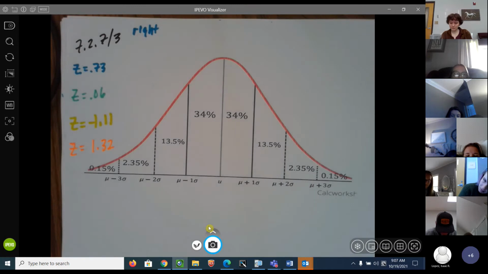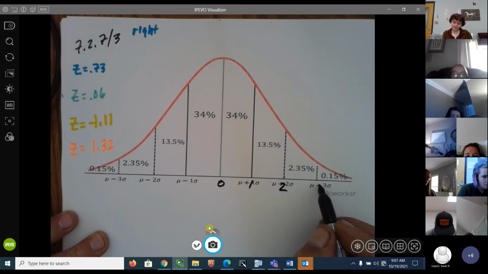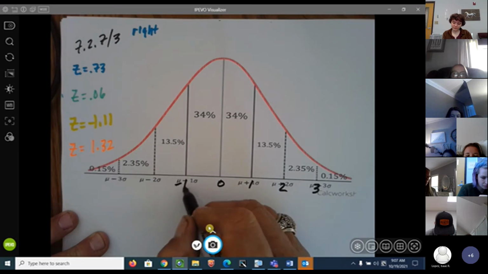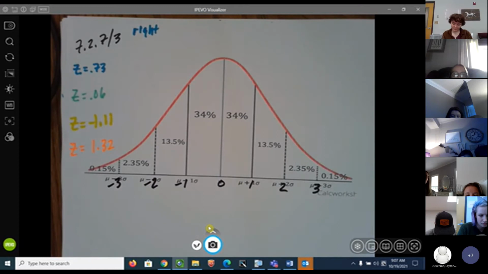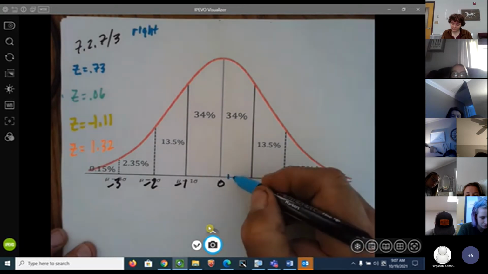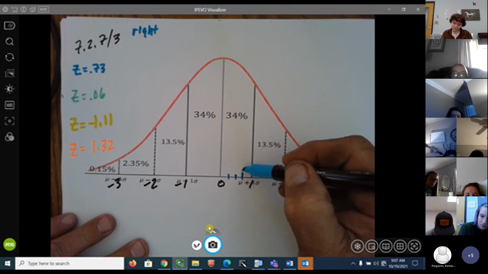So the first one is blue, 0.73. We've got a mean of 0 and a standard deviation of 1. And 0.73, well, 0.75 would be right here.